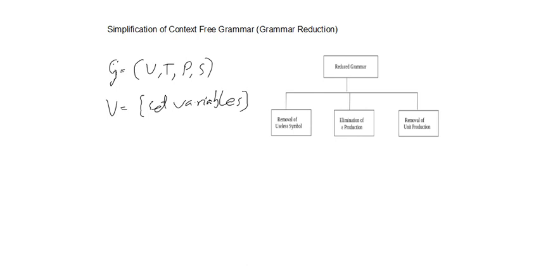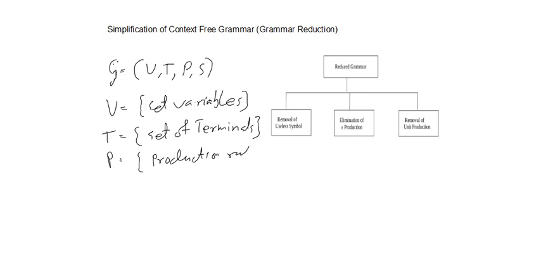T represents the set of terminal symbols, or terminals in short form. P is the set of all the production rules in the grammar. And S is the starting symbol of the grammar.